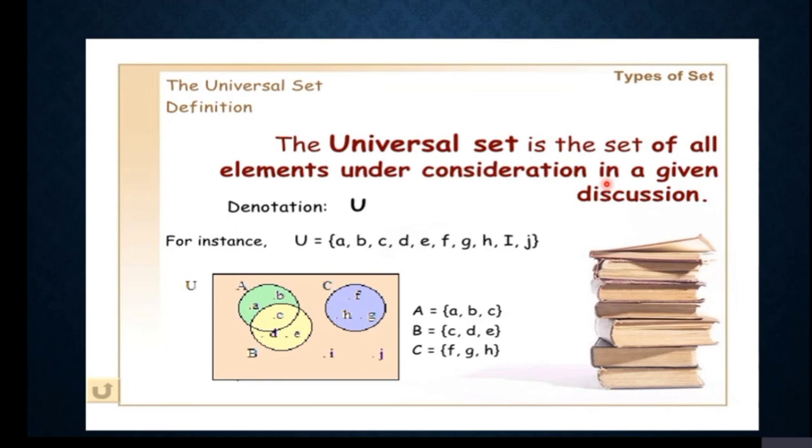It is denoted by U. See here, in the set A there are 3 elements A, B, C. In the set B there are 3 elements C, D, E. In the set C there are F, G, H. So here A, B, C, all sets are subsets of the universal set.